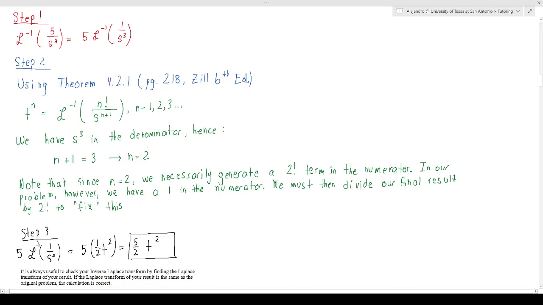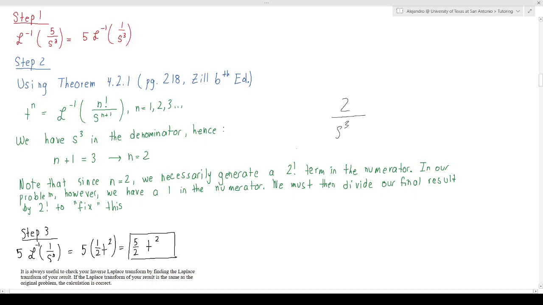So our function would normally be 2 factorial over s raised to the 2 plus 1, right? And that makes sense. But we don't have a 2 in our function. We have just 1 over s cubed. If we had a 2 over s cubed, that'd be perfectly fine.